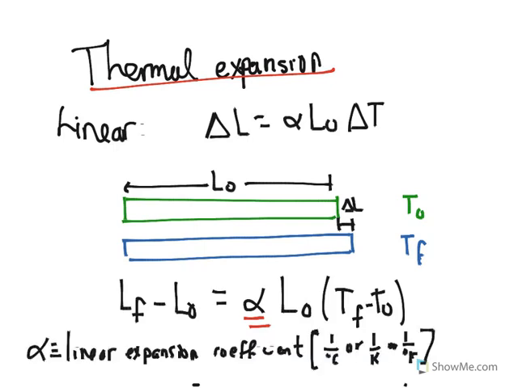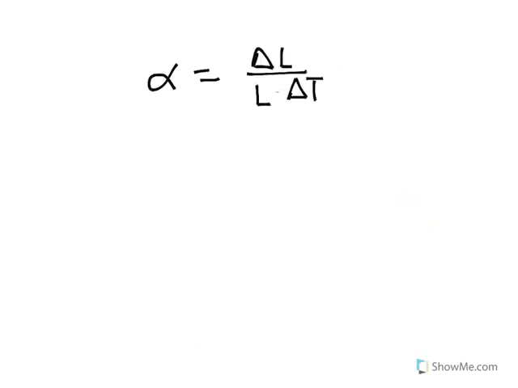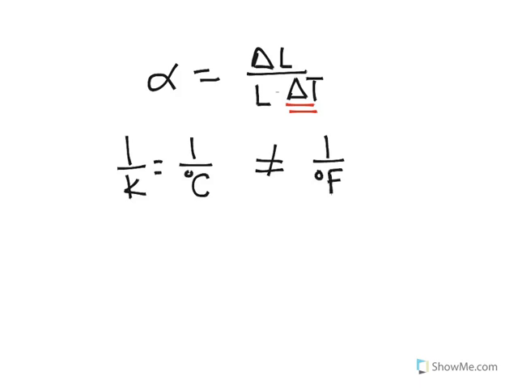This linear expansion coefficient, which depends on the material, is measured in 1 over degrees Celsius, or 1 over Kelvin, or 1 over degrees Fahrenheit. Since we have delta T as a factor of alpha, 1 over Kelvin is equal to 1 over degrees Celsius, but not equal to 1 over degrees Fahrenheit.